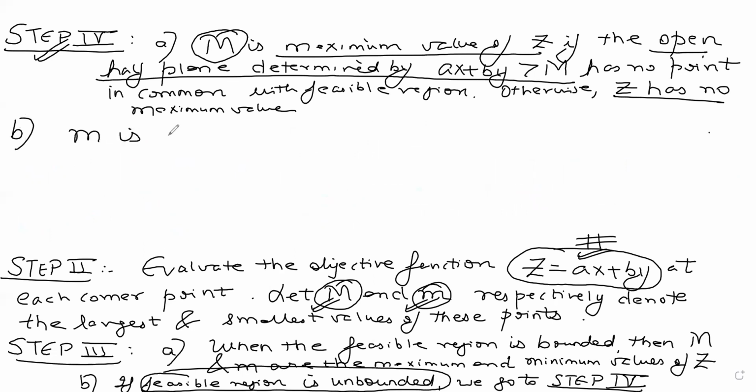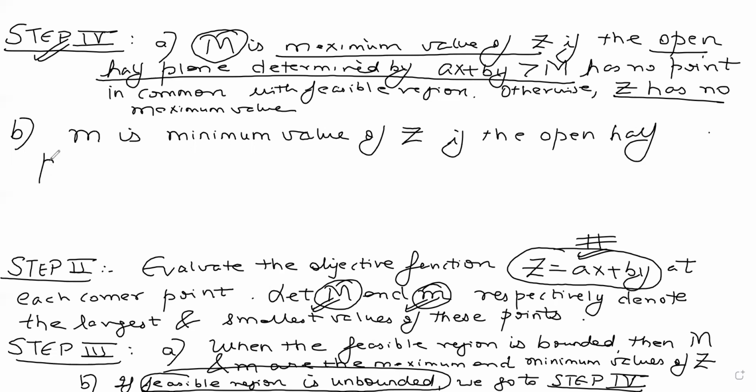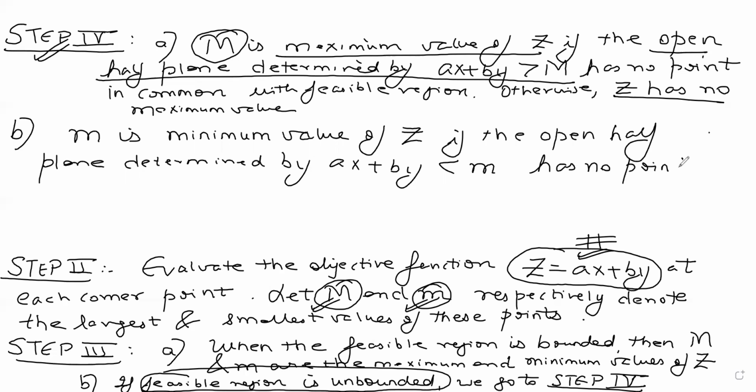Small m is the minimum value of Z if the open half plane determined by ax plus by less than small m has no point in common with the feasible region.